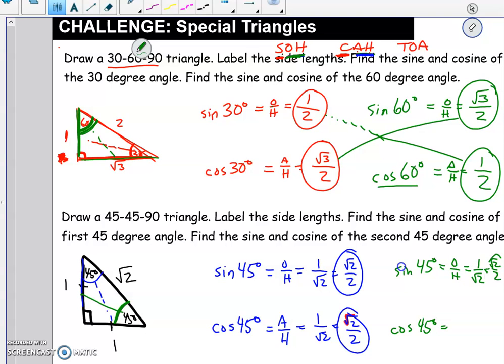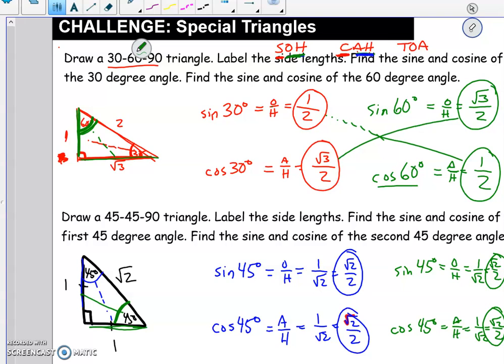That should sound awfully familiar. And when I look at the cosine, which is adjacent over hypotenuse, I get the adjacent side here of 1 over the square root of 2. And again, when I simplify, I get square root of 2 over 2.